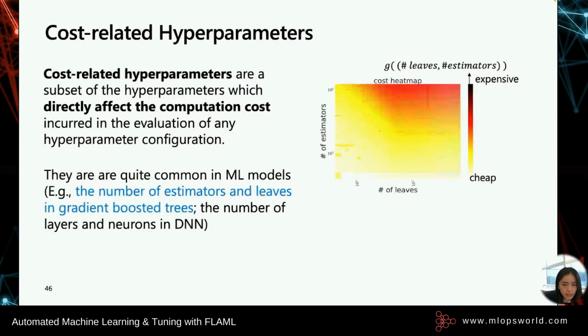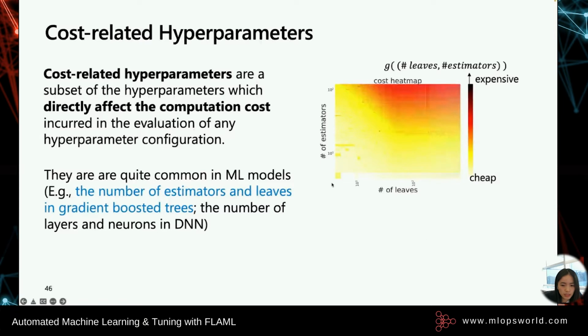The cost-related hyperparameters are a subset of hyperparameters which directly affect the computation cost incurred in the evaluation of any hyperparameter configuration. They are quite common in ML models. For example, the number of estimators and the number of leaves in gradient boosted trees, the number of layers and neurons in neural network models.